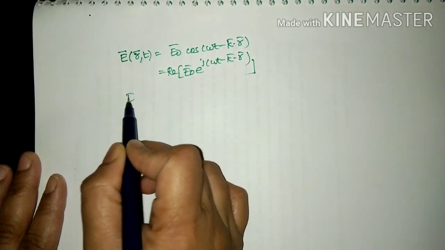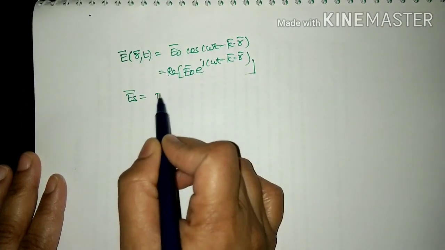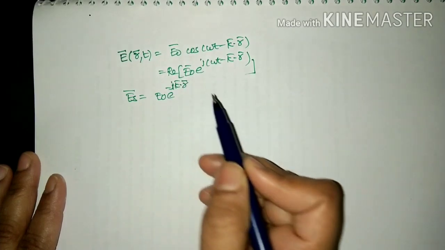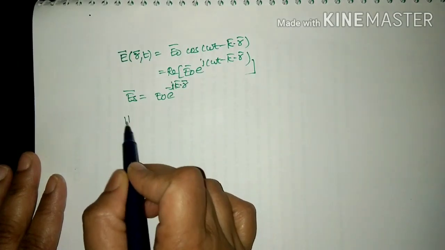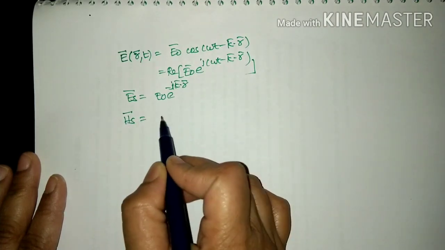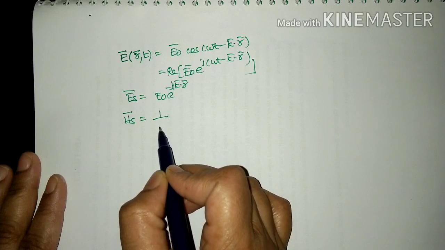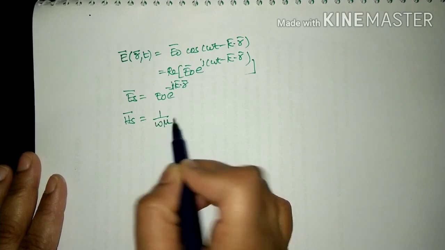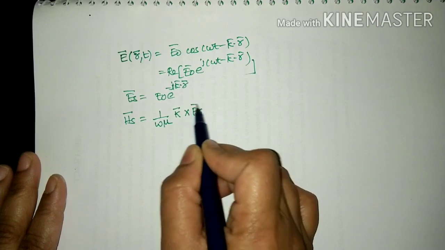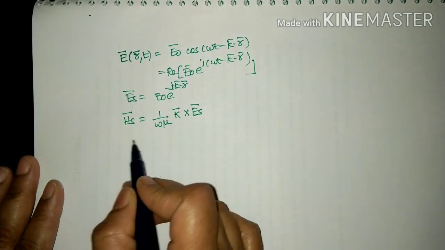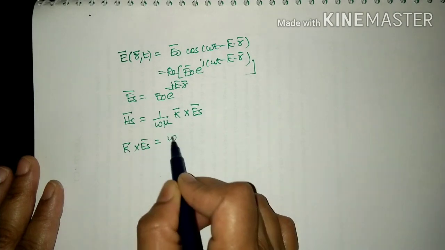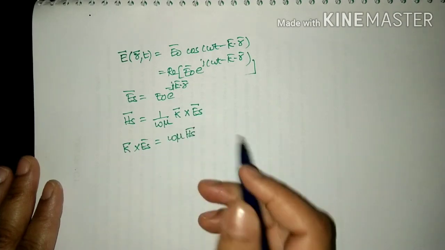The corresponding phasor form of the electric field is E naught e power minus j k bar dot r bar. From this we derived the phasor form of the magnetic field as Hs bar is equal to 1 by omega mu into k bar cross Es bar. Or you can also write this as k bar cross Es bar is equal to omega mu into Hs bar.